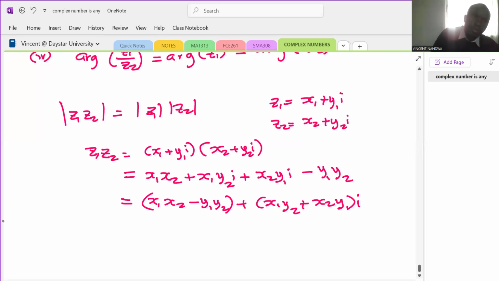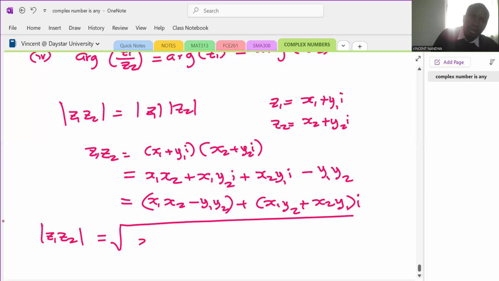So if I define the modulus of the product, it will be simply the square root of (x1 x2 minus y1 y2) squared plus (x1 y2 plus x2 y1) squared.